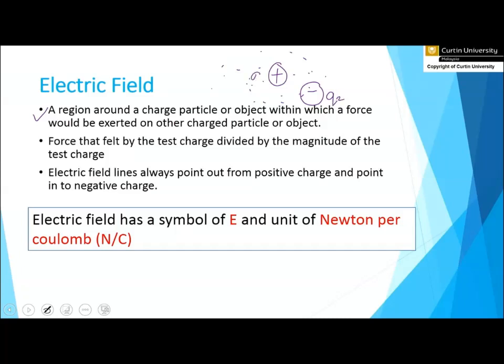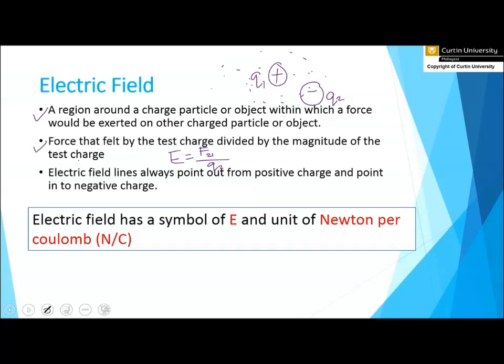This is Q1. So the electric field is also equal to the force felt by this charge. I can say it is the force experienced by charge 2 because of charge 1, divided by the magnitude of the test charge, divided by your Q2.